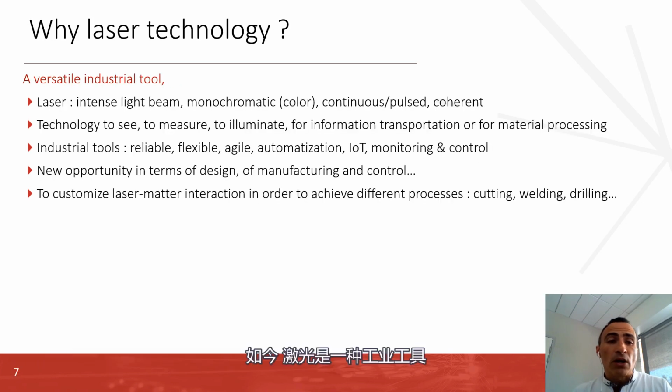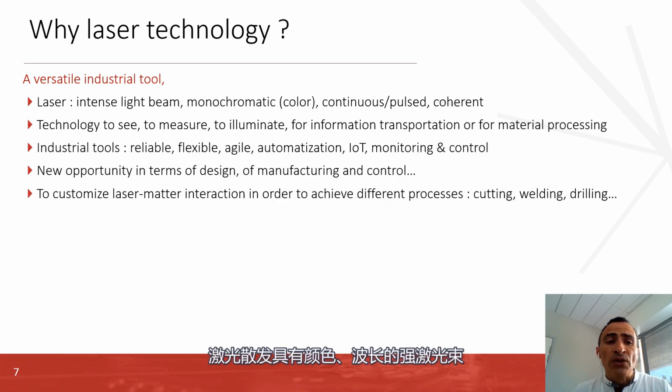So today, laser is an industrial tool which could be useful to see, to measure, to illuminate a target, or for information transportation, or for material processing, and this is the point today.